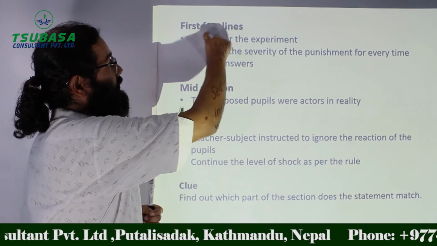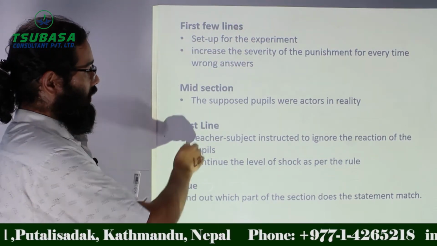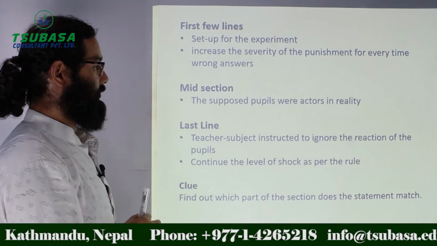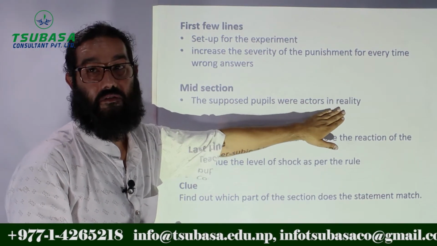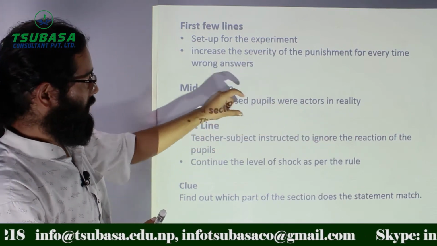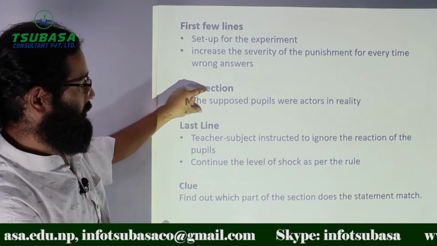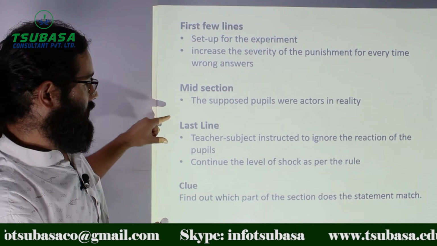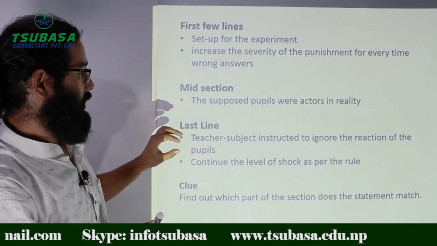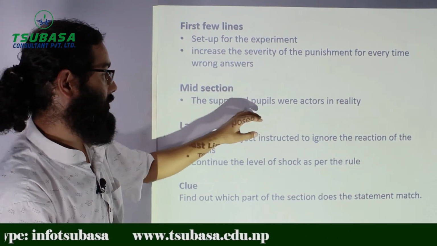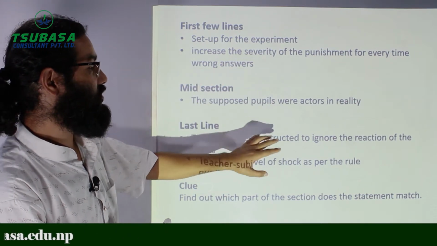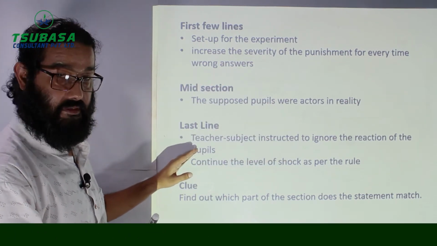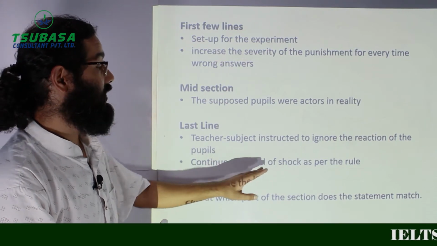So that is what the first few lines convey. What does the midsection say? The supposed pupils were actors in reality. So this is what the midsection covers. And what does the last line cover? Now, of course, there's a little bit of detail here about the actors. The teacher's subject is instructed to ignore the reactions of the pupils and continue the level of shock as per the rule.